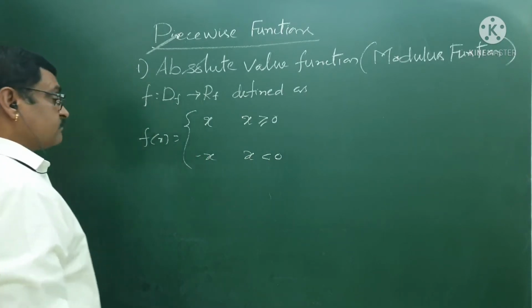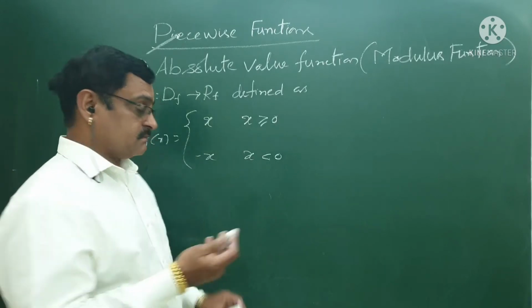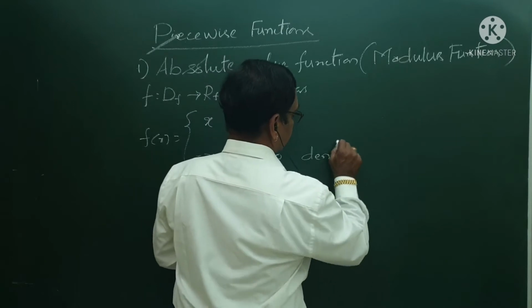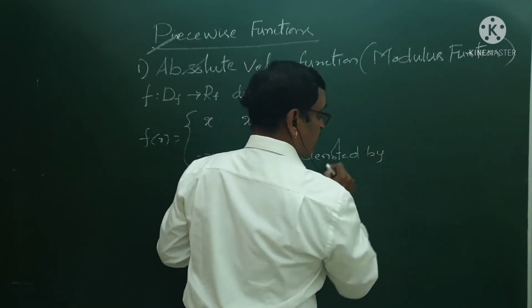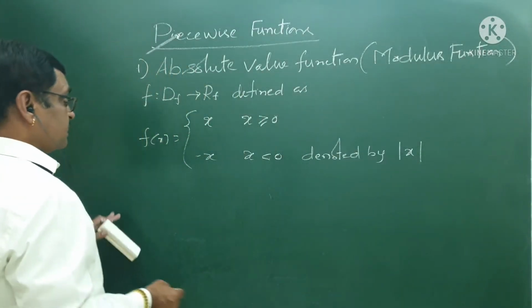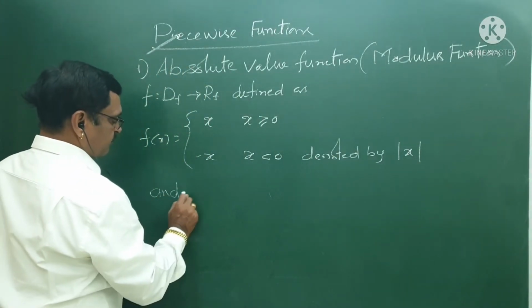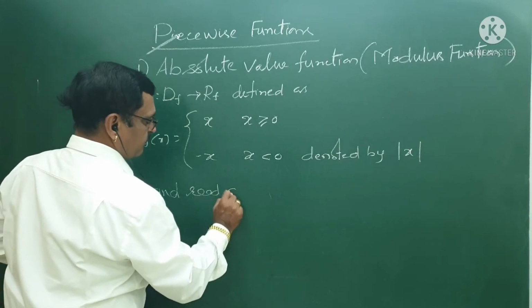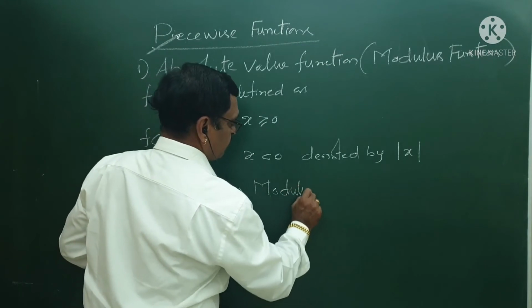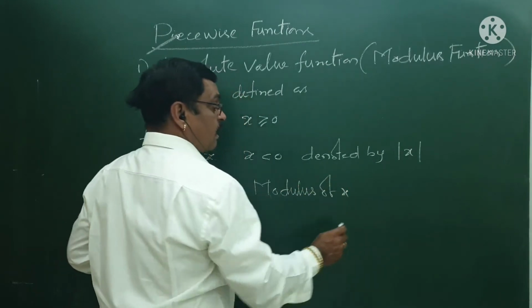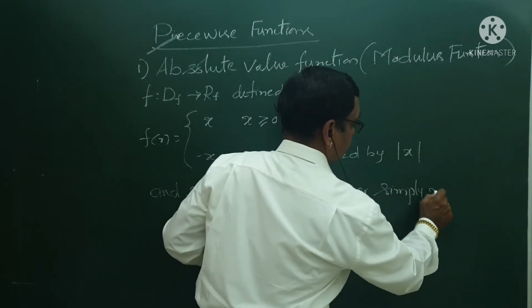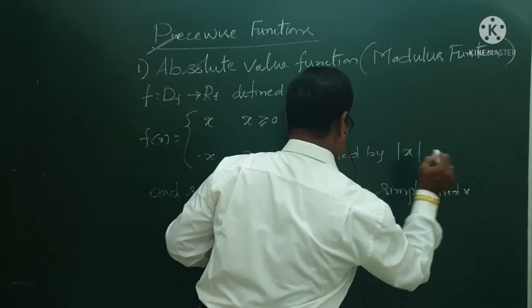Now how do we denote this function? In most of the textbooks it is denoted by x between 2 vertical lines and read as modulus of x, or simply mod x.